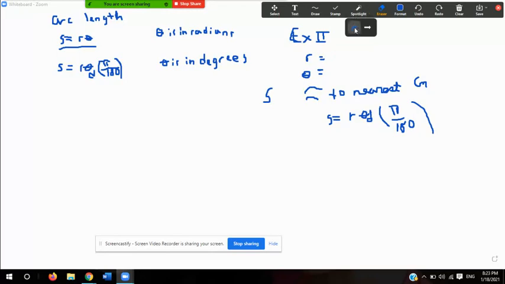So it's saying to round to the nearest kilometer. So once again, we are going to use the formula that says S, or arc length, equals radius multiplied by theta given to us in degrees multiplied by pi over 180.